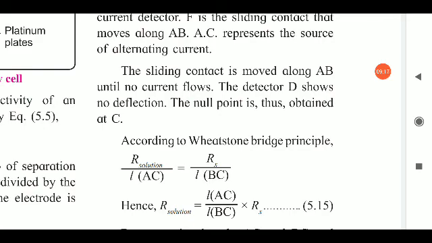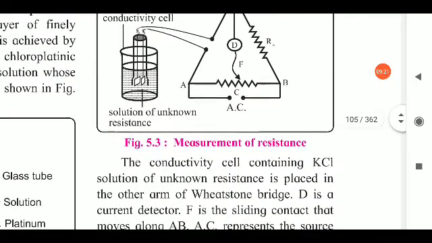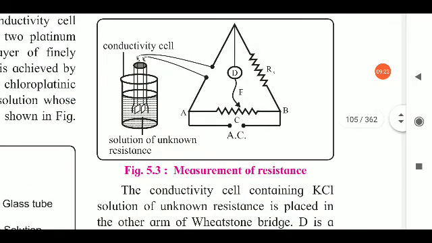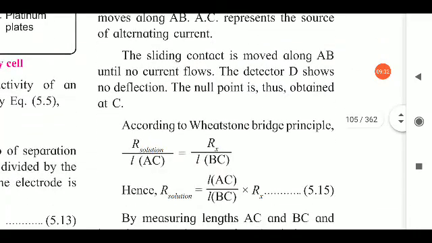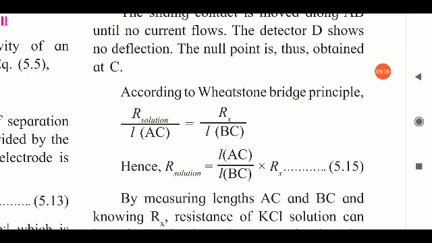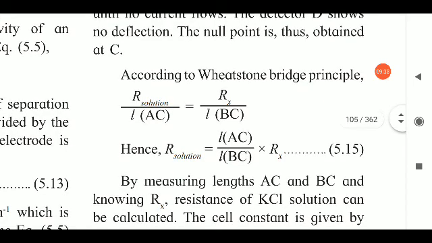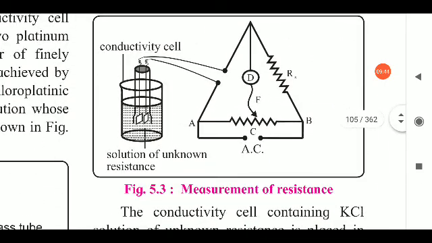Now students, whenever you have got the null deflection, only then can you say that the complete network or bridge is balanced. After that, you have to note down all these values, and according to the Wheatstone's bridge principle, we can use this relation: R solution divided by length of AC, as I already told, this bridge is divided into 2 compartments.